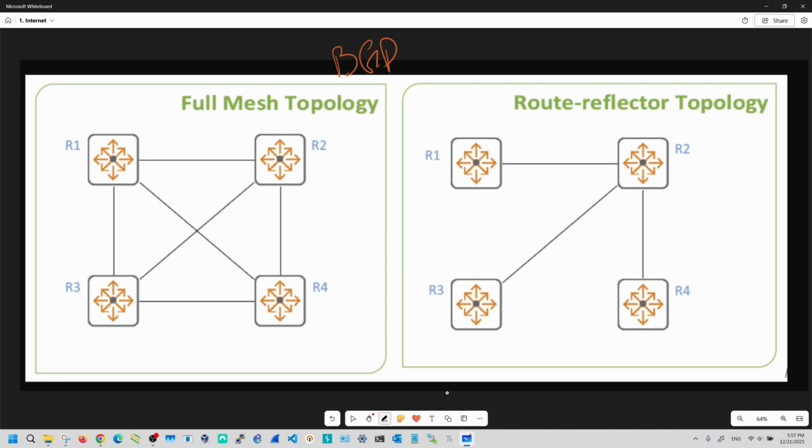You could actually with BGP configure something that is called route reflector, and this would allow you to create IP reachability without having to configure full mesh topology. But this is a niche application, and normally for internal gateway protocol, you would go with OSPF or EIGRP.